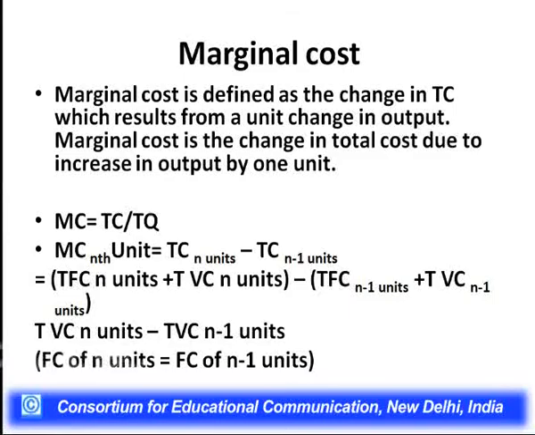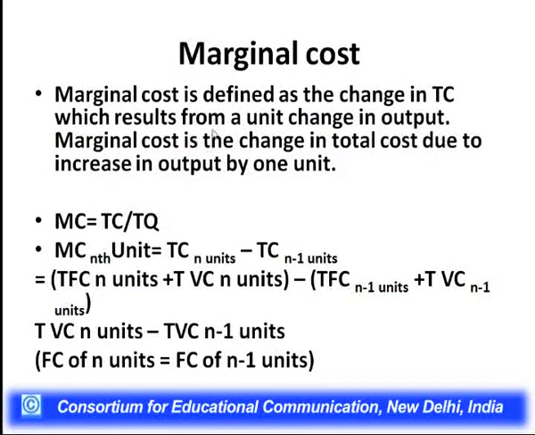Now we will see what is the marginal cost. Marginal cost is defined as the change in total cost which results from a unit change in output. Marginal cost naturally is equal to delta TC upon delta Q. MC of nth unit is equal to TC of n units minus TC of n minus 1 units.